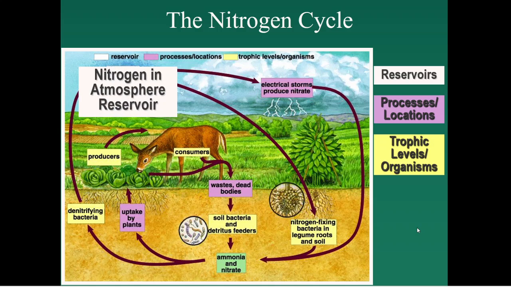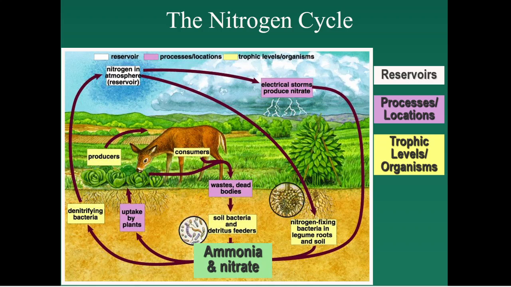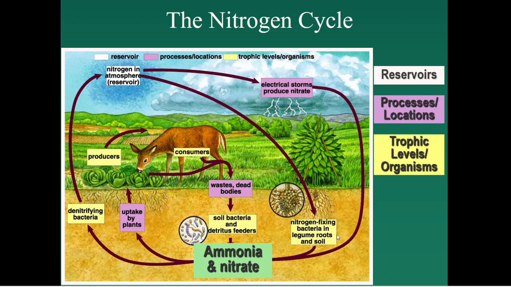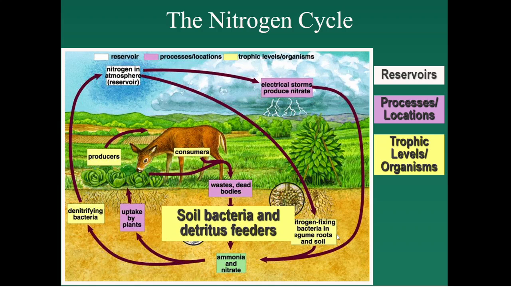So it starts in the air, and the nitrate goes down into the soil and goes back up into the air. It can also go into the bacteria, be made into ammonia by the bacteria, taken up by plants, to the producers, to the consumers, they die, and it goes back into the bacteria. So this is a whole cycle. Nitrogen never leaves. Remember, you cannot create or destroy it, so it has to cycle through the entire system.